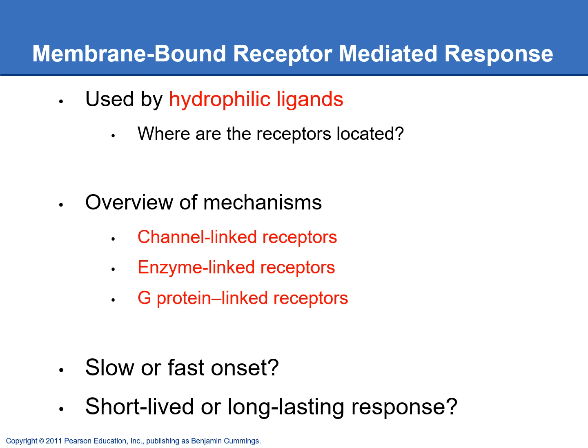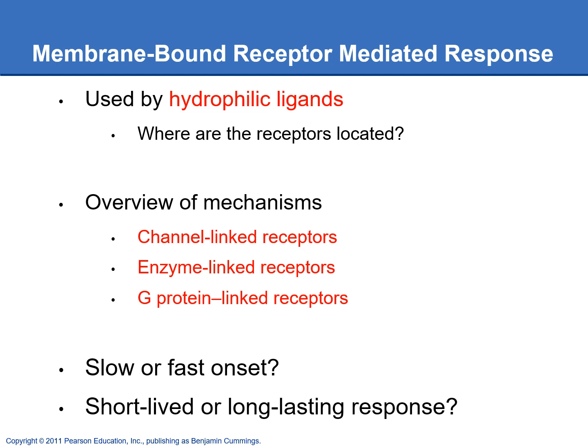So the cell surface receptors are going to be used by the hydrophilic messengers. And remember, these hydrophilic messengers are going to be made of amino acids, the amines, except for the thyroid hormones, and then they could be protein or peptide messengers as well.